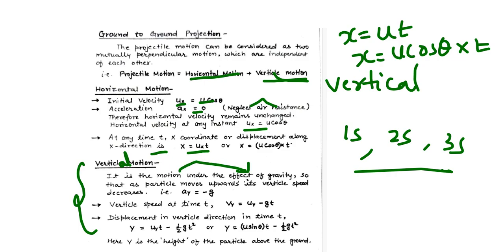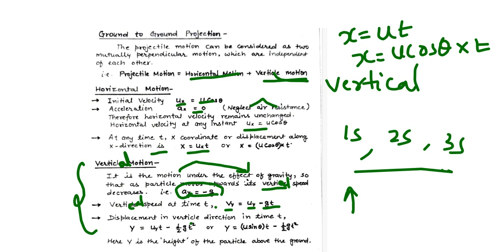The particle is moving upward, and the acceleration component is negative g. That means ay is negative g. The vertical speed at time t is vy equal to uy minus gt.